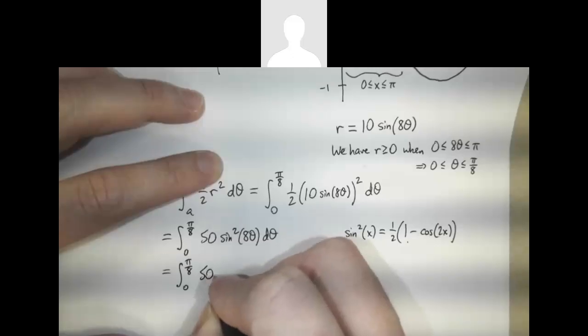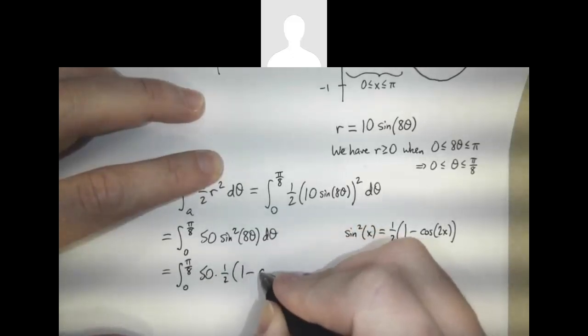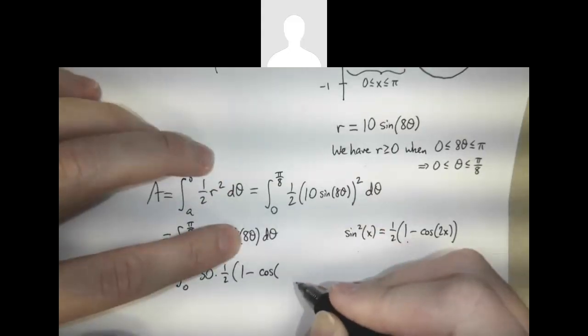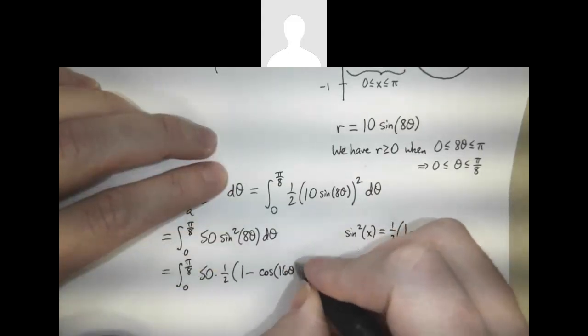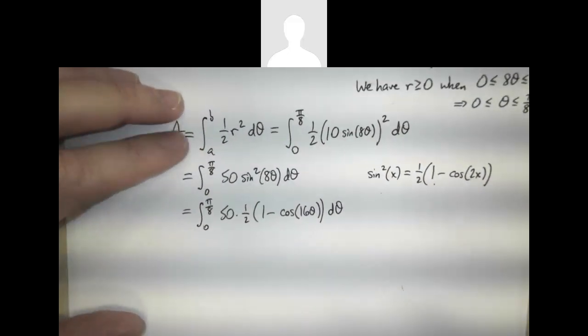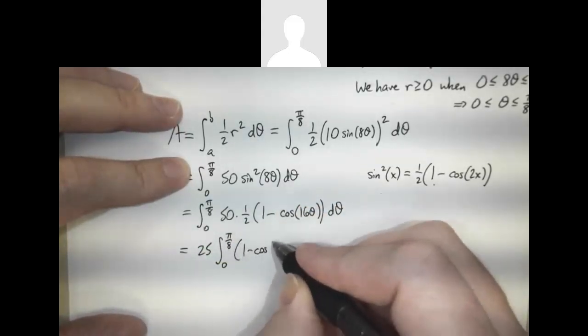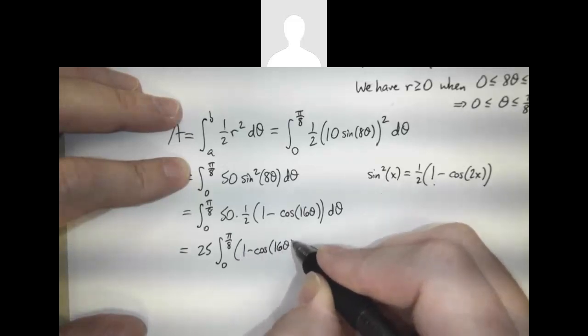So in this case, the sine squared 8 theta would be 1/2 times 1 minus cosine of twice the angle, twice the 8 theta, it's 16 theta. And then we can work this out. Now 50 over 2 is 25, and I can bring that out. 1 minus cosine 16 theta.